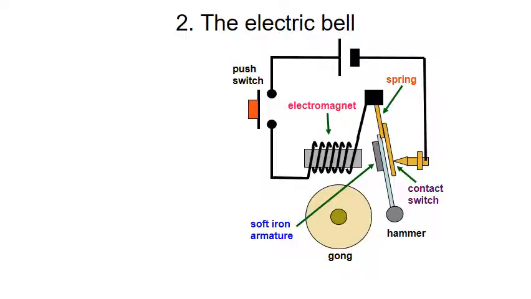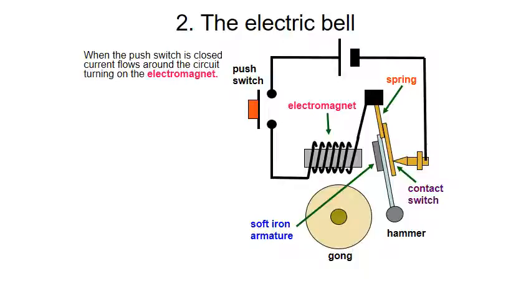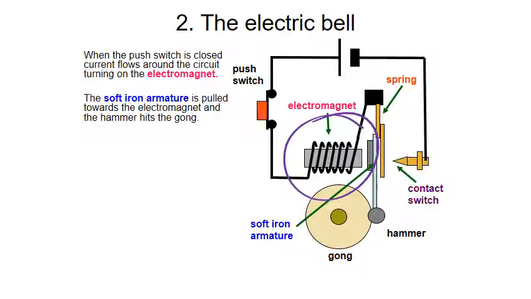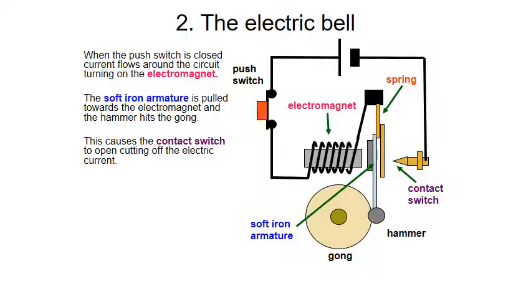Another example is the electric bell. When you push the switch, it is closed and the current flows around the circuit, turning it into an electromagnet. The soft iron armature is then pulled towards the electromagnet and the hammer hits the gong.